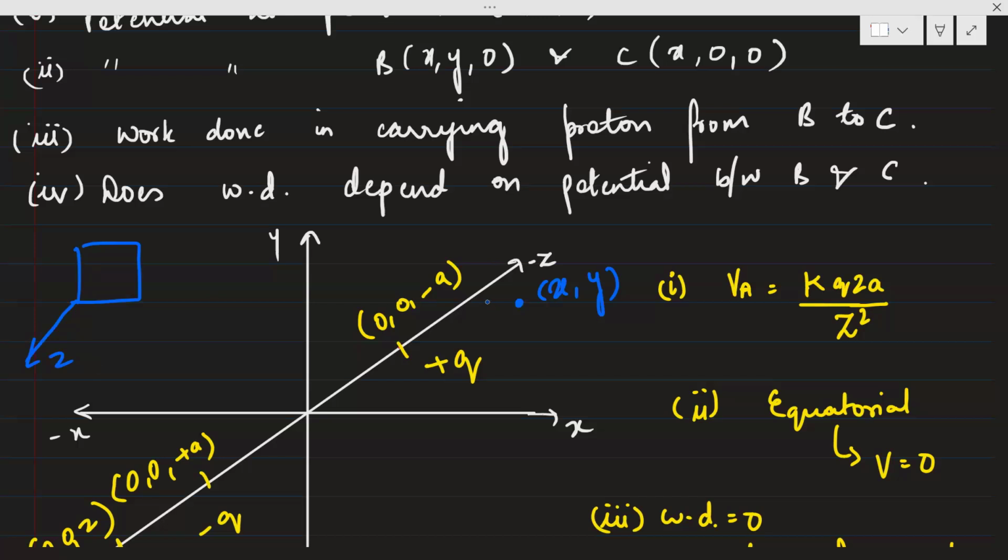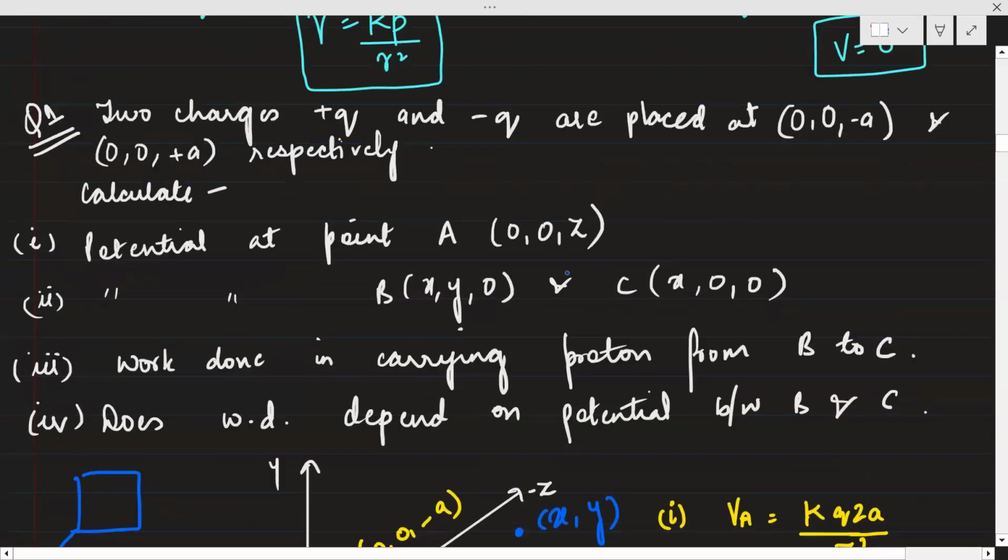So that's why this is equatorial. Similarly, the C point is lying on the x-axis, x comma 0 comma 0. So the x-axis is also perpendicular to the z-axis. Why am I focusing on the z-axis? Because the dipole is lying on the z-axis. Okay, thank you. Just take the screenshot of this also, class, the question and the solution.